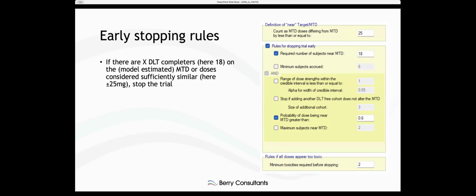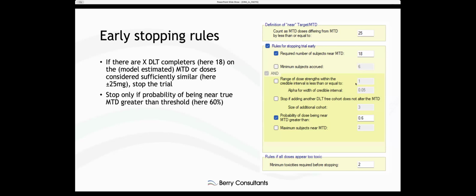And this might make sense if the doses that you're investigating are maybe at some point close enough that you'd also think that they're not too pharmacologically different anymore, and whether it's 250 or 225 or 275, you'd be happy declaring 250 the MTD.